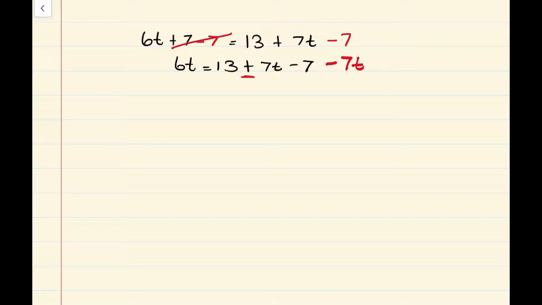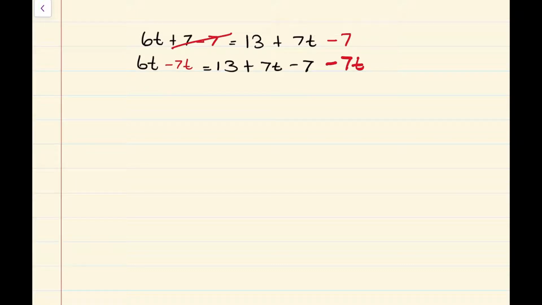So to get rid of it, we would just subtract 7t. And because we subtracted 7t on this side of the equation, we would also have to subtract 7t on this side of the equation. So we would have 6t and then minus 7t.